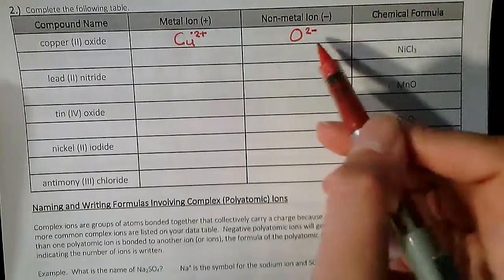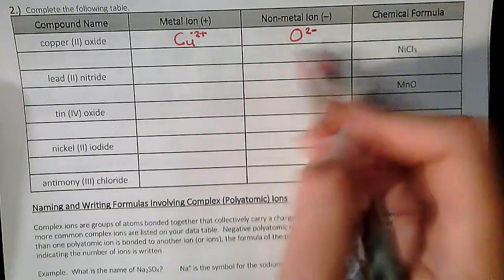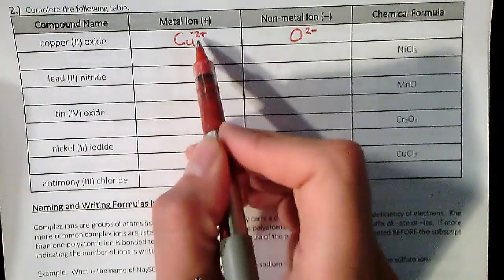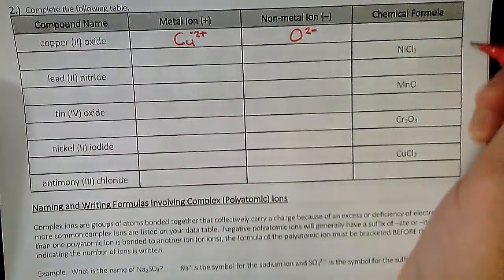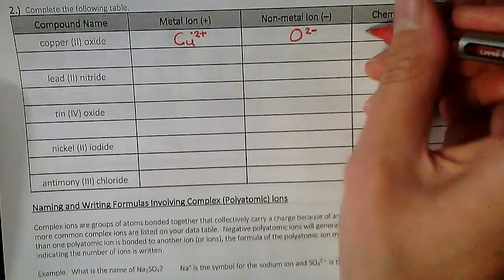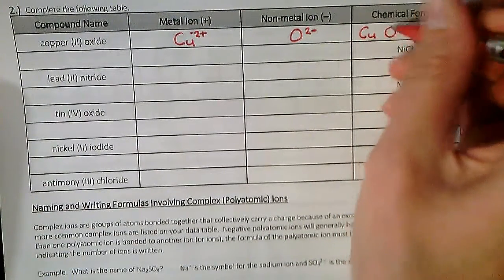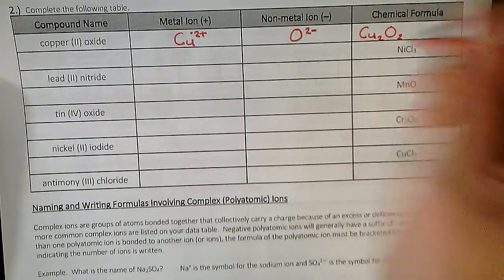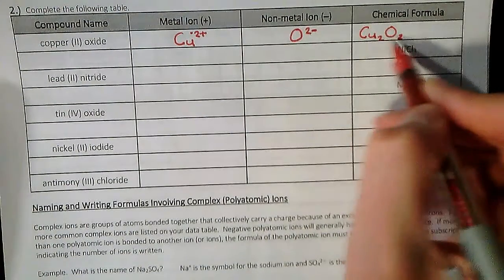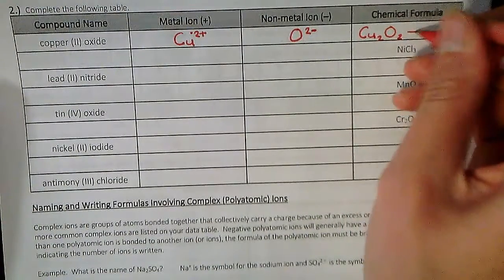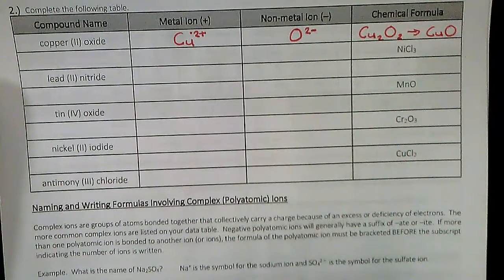So we know that because of the common charge for oxygen, and we know the copper is +2 because of the II in the bracket there. So when we write our chemical formula, we get Cu2O2, and then we have a 2 beside each if we're using the cross and drop method. Now, if they both have 2's, then we know that we can put that in lowest terms, so we get CuO.